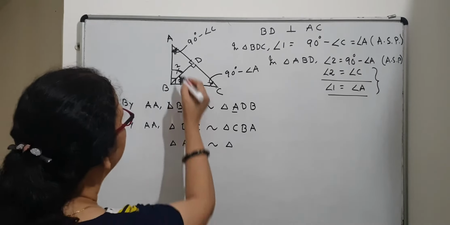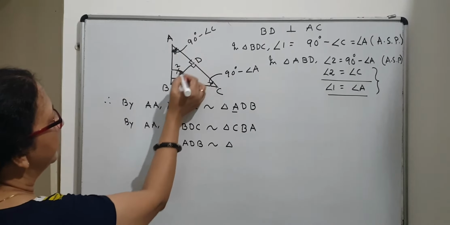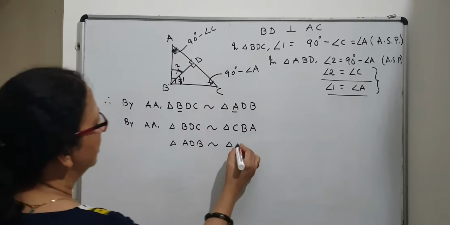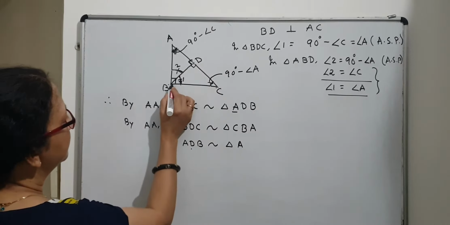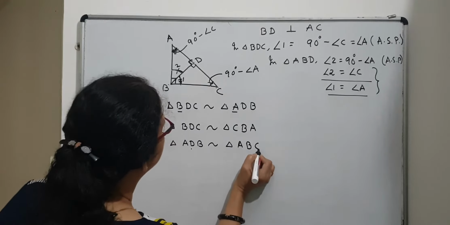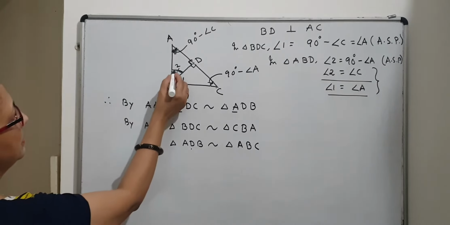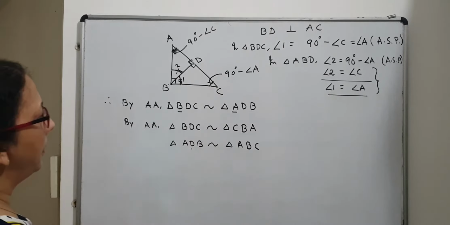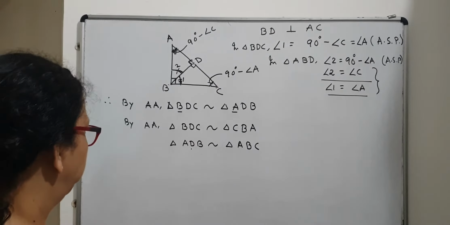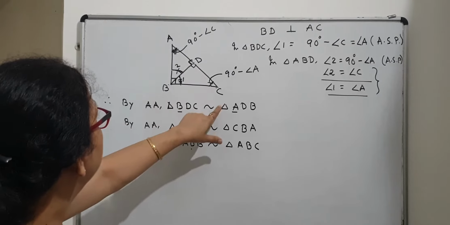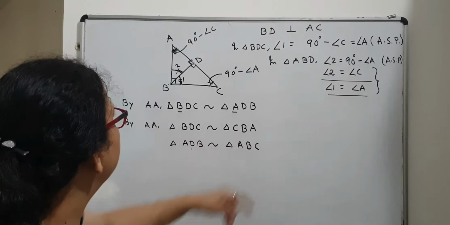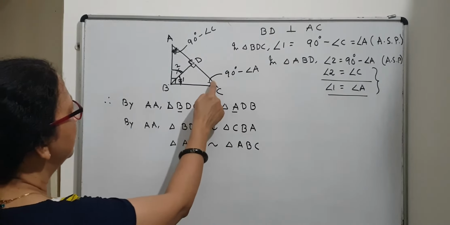And similarly angle ADB, this small triangle ADB, I can take A is common, so A, and D is 90 degrees here, and here B is 90 degrees, so ABC, because this B is equal to this C. I think if I take BBC, this C should come here, just a minute, because C is common.